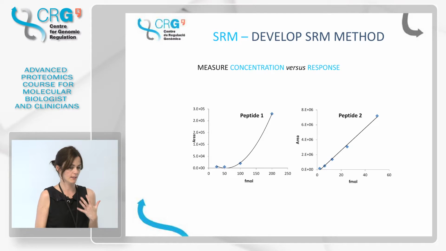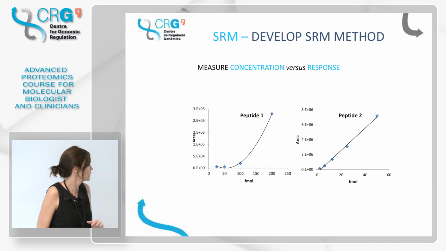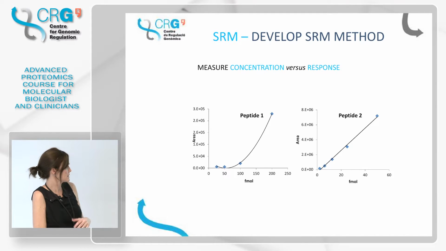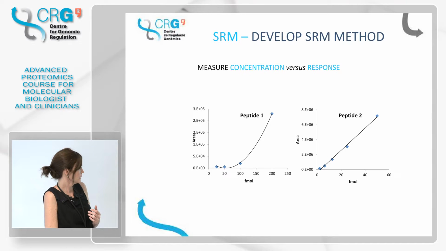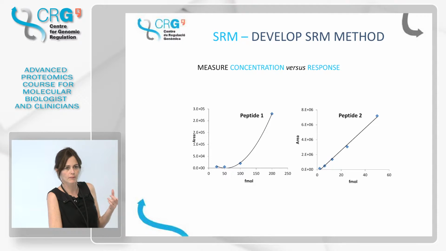So when we do SRM, we need to measure this response and know it. Okay, these are two peptides that come from the same protein, but if you look at the levels of intensity, here at 200 femtomoles we have this intensity, while here with 10 times less we have a lot more intensity, and the linear range goes for a much wider range.